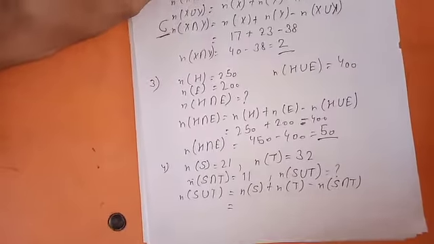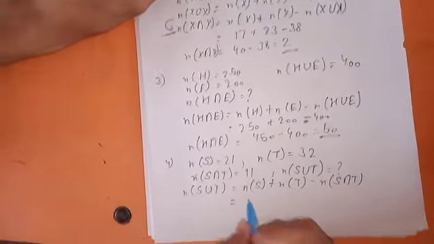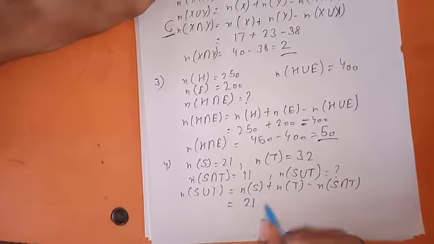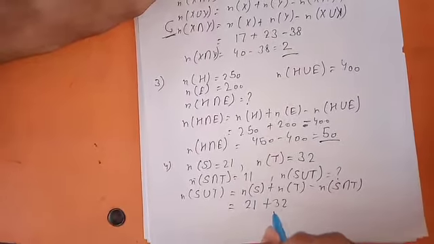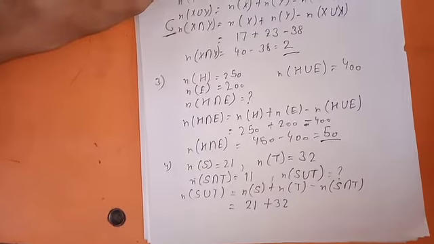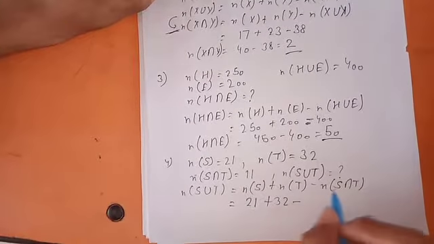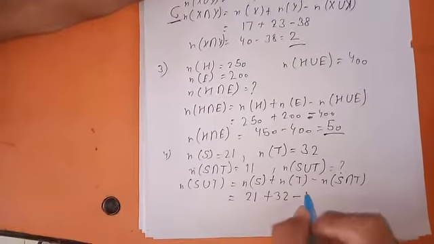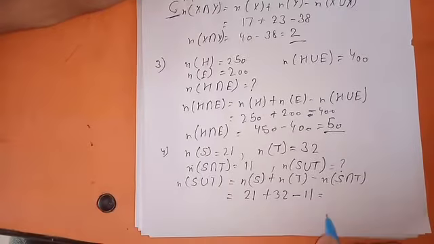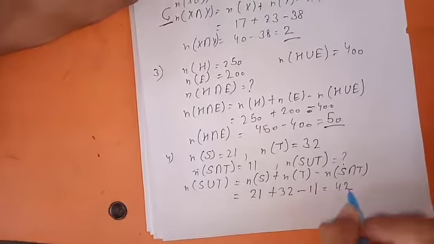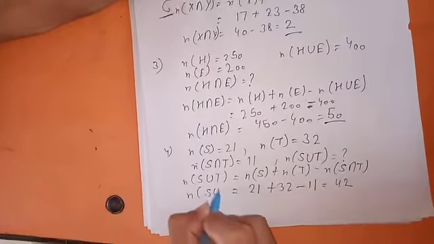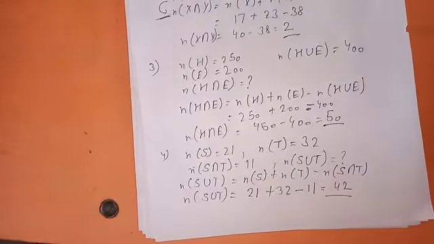So we can just put the values here and find our answer. n(S) is 21 plus n(T) is 32 minus n(S ∩ T), which is given to us as 11. So it will be equal to 42. That's our answer. It was very easy.